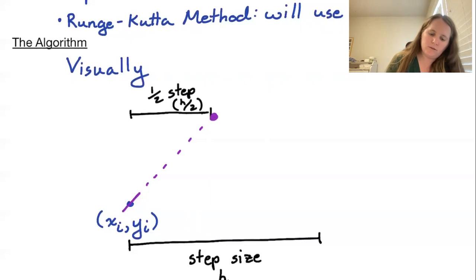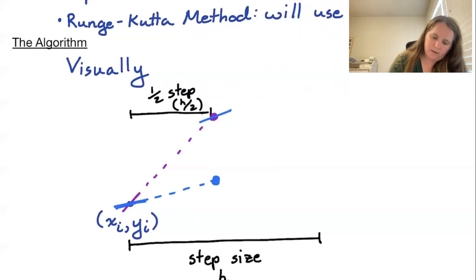Now we're going to find this new slope. And we're going to take that slope back to xi, yi and find the line with that slope. So here's our first point. Then our second point.